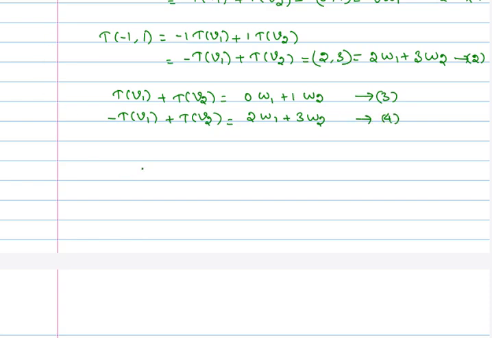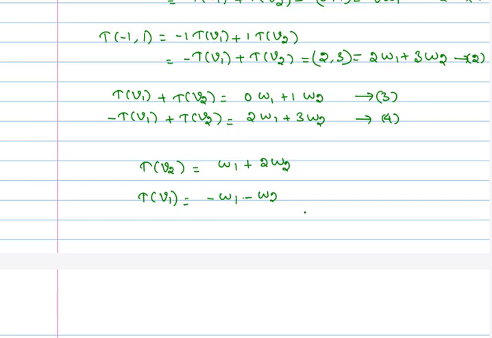You just add these two, then you will get T of v2 equal to w1 plus 2 times w2, correct? And similarly T of v1, applying any one of the equations, you will get -w1 minus w2.